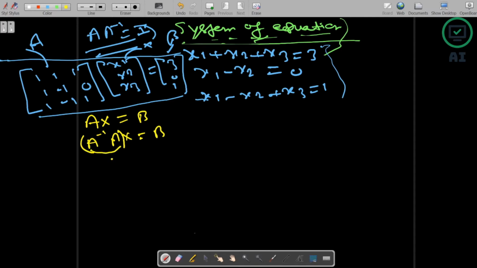A inverse A is nothing but the identity matrix, so I X equal to A inverse B. We know that if you multiply any matrix by the identity matrix, it gives the same matrix. It's the multiplicative identity concept. I have explained it in my previous video. If you do not know, please go and watch that to clear this concept. So we have to solve this one only.